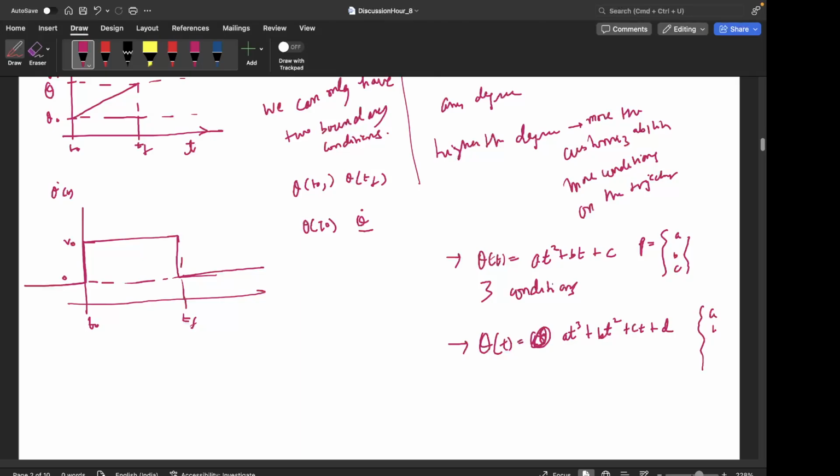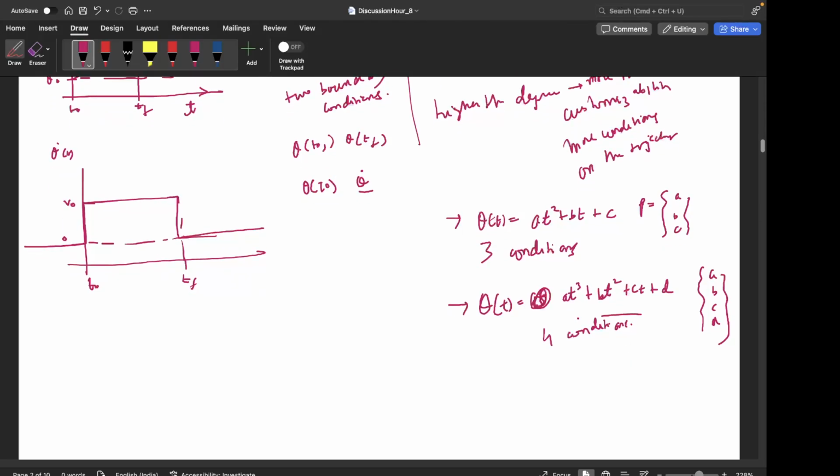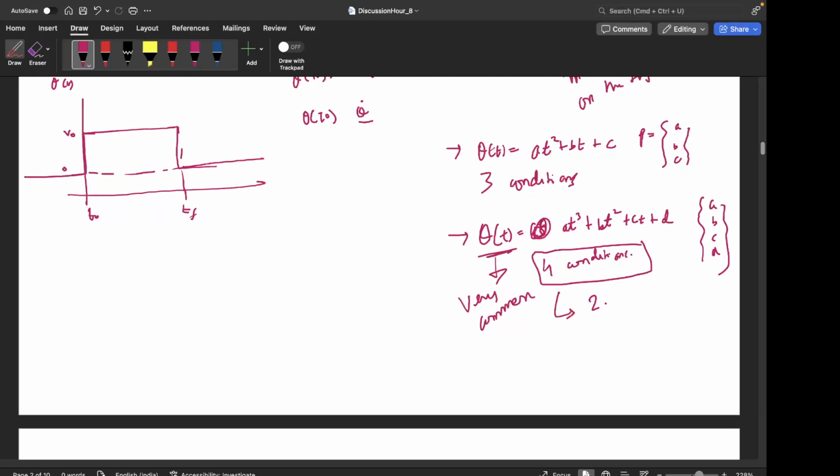So a, b, c, d, 4, so 4 conditions. And this is one of the very common choices, because in the four conditions we can specify two positions and two velocities at each endpoint. So we can specify the position at the start point, the position at the end point, and then the velocity at the start point and the velocity at the end point.